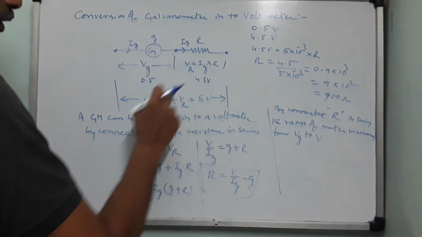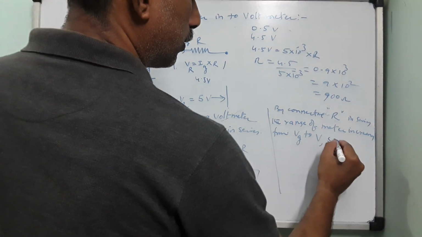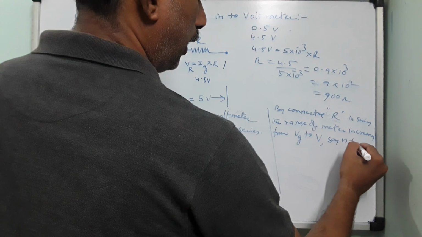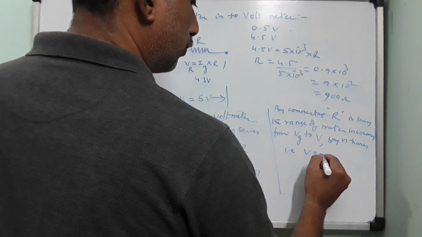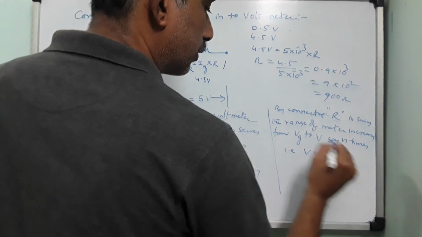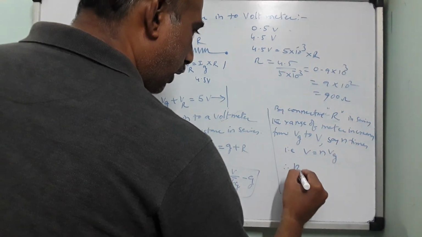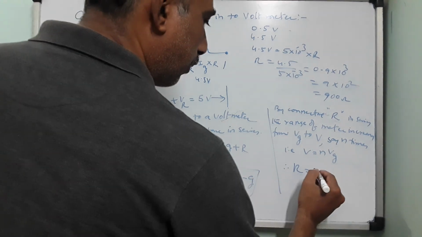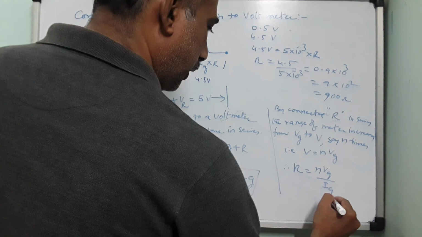By connecting this, what is happening? It is measuring V. Say n times. That is, your V equals to n times Vg. So your formula will become now, therefore, R equals to V, which is nothing but n times Vg, divided by Ig, minus G.